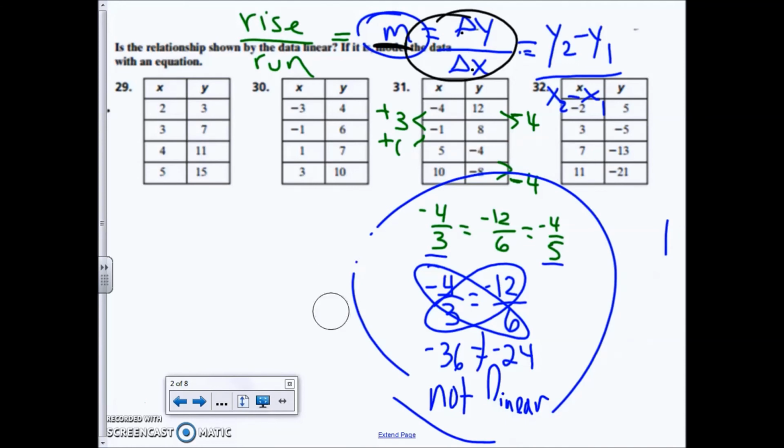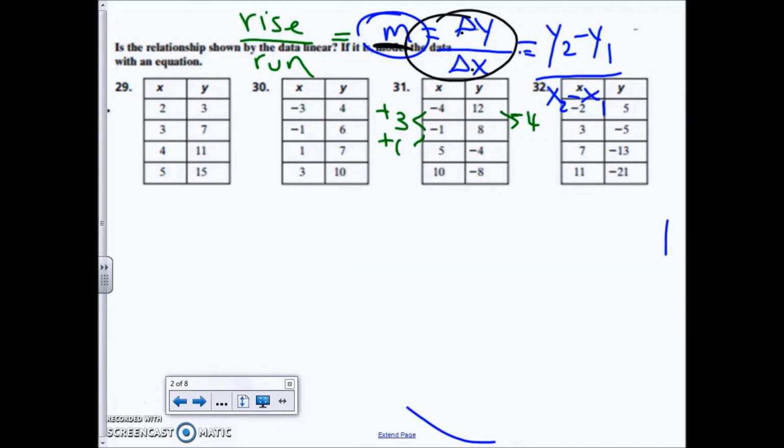Okay, let's look at the last example. Johnny, you said it's crazy? What happened? Talk to me. Okay, so I know I got this last one wrong. Obviously. It's alright. So what do we want to look at first? The change in y's or the change in x's? The change in y.